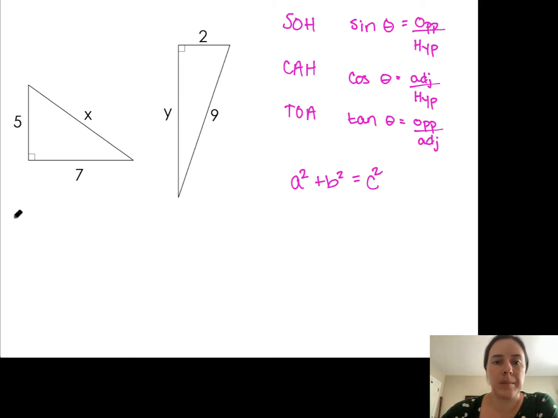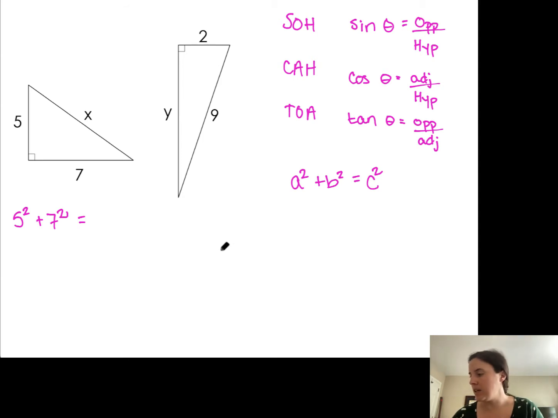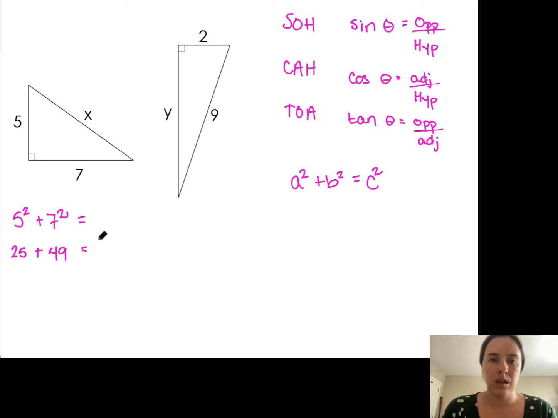So let's do that. So 5 squared plus 7 squared is equal to, let's bust out our handy dandy calculator. So we know that 5 squared is 25, 7 squared is 49, 25 plus 49 is 74.